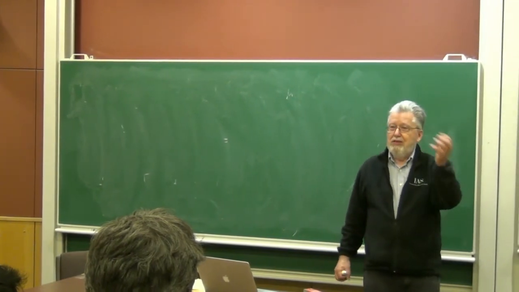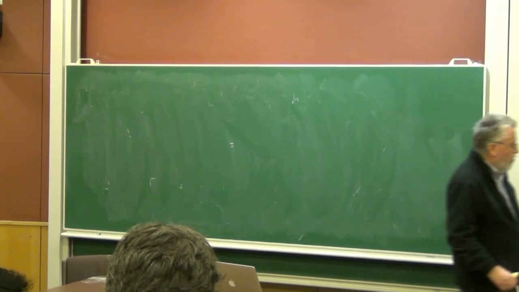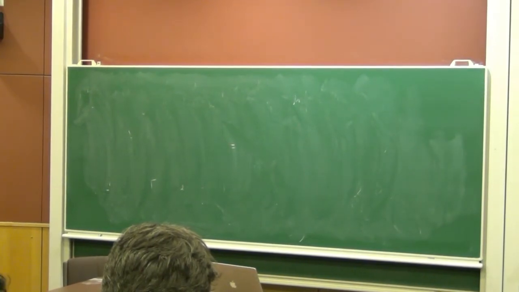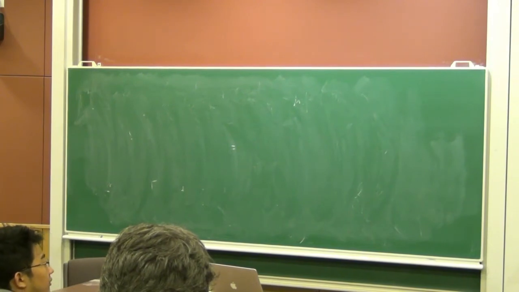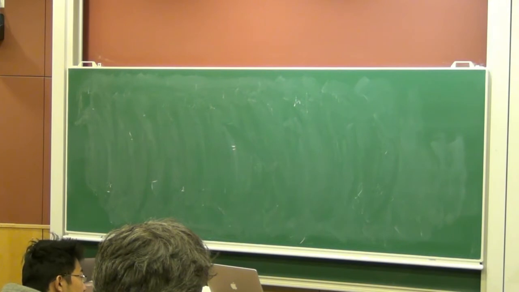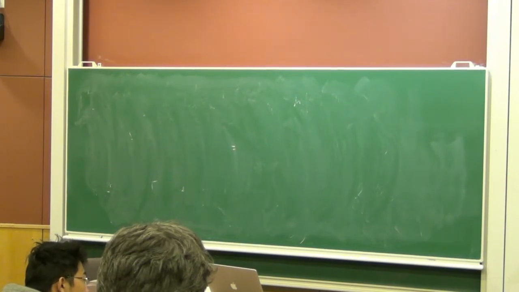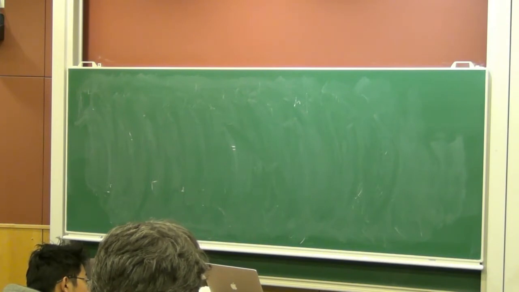I'm interested in the dual locale. So I will call a frame a locale. Then I have to say what is a map from this locale to this locale. Oh, it's a map in the other direction. Between what? Are we here? Are we there? It's become very confusing.